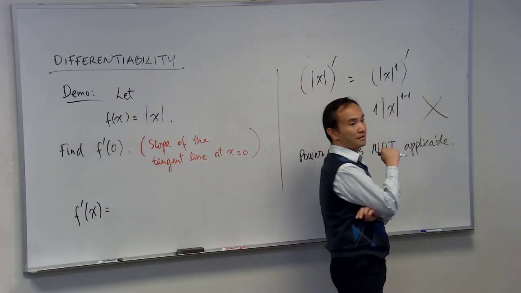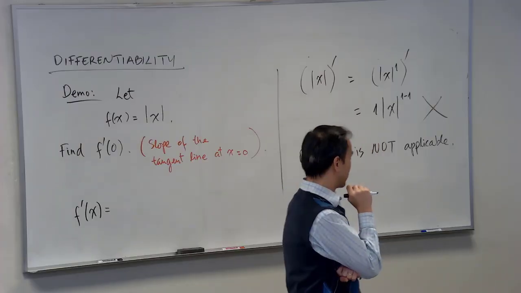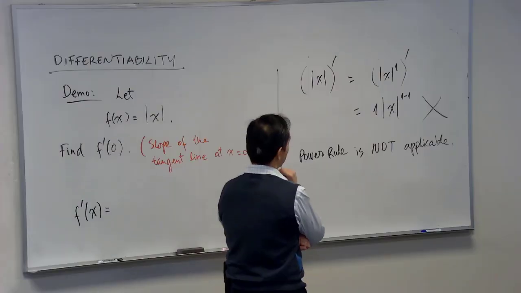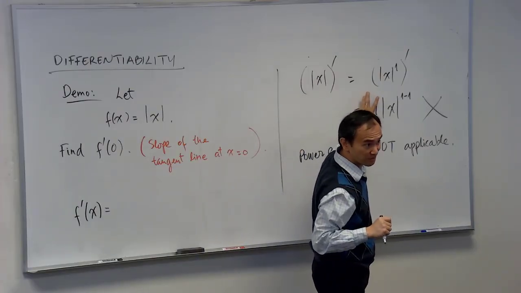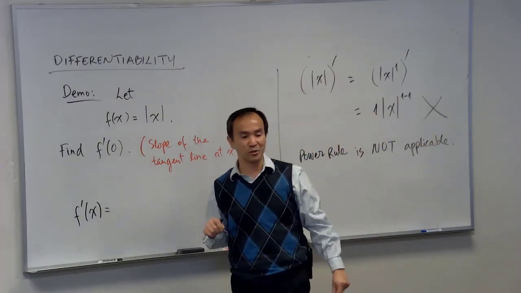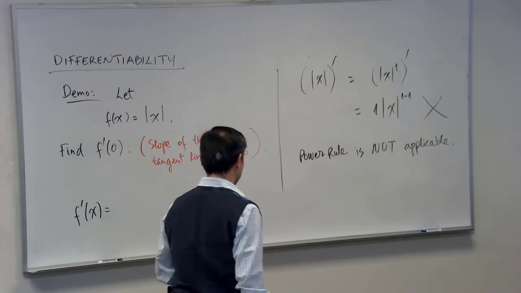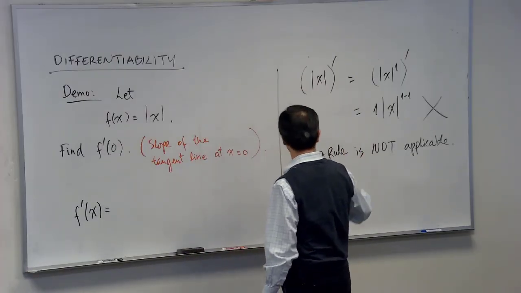Of course, right now at this level, you're quite beginners, so it's hard for me to explain why this fails to work. You'll need to wait for a more advanced course to get a better, solid understanding of that. But it points out the power rule is not applicable for this situation.